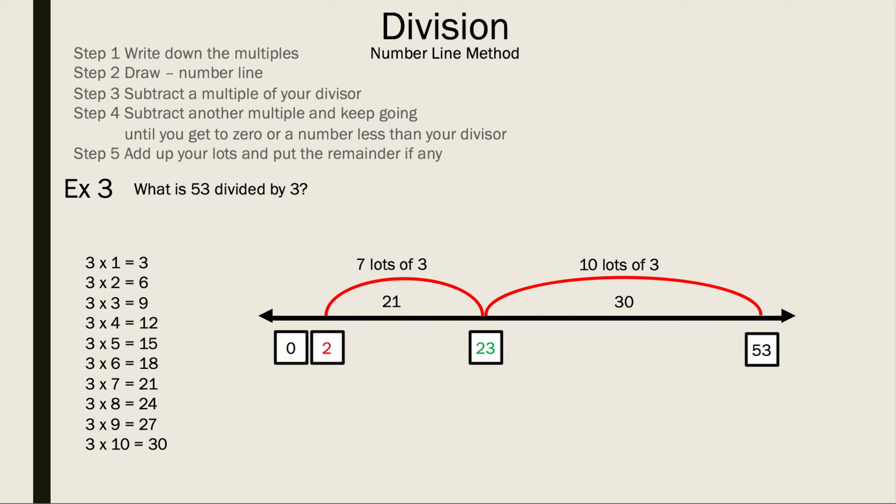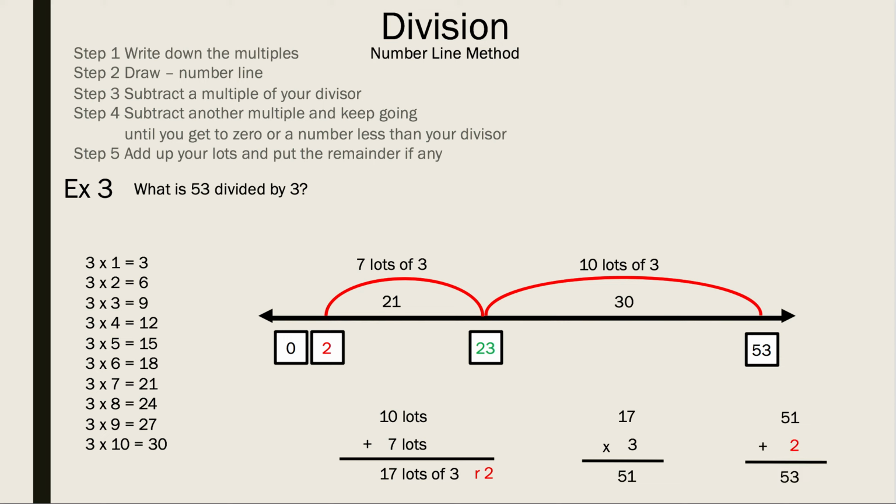And if we subtract, we get 2. Now we're going to go ahead and add the lots because we can't go any further. So 10 lots and 7 lots gives me 17 lots of 3 with a remainder of 2. Let's go ahead and verify. 17 times 3 is 51. We add the 2 and we get 53. So the final answer is 17, remainder 2.